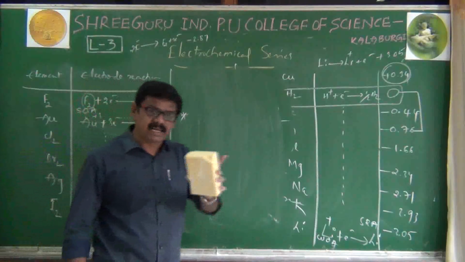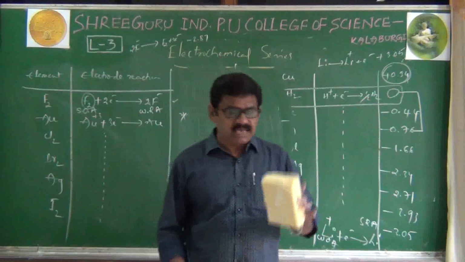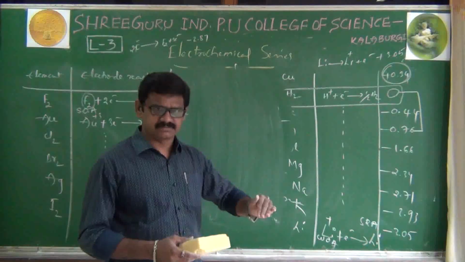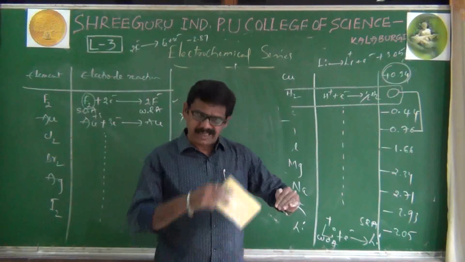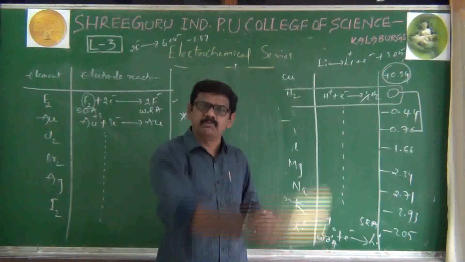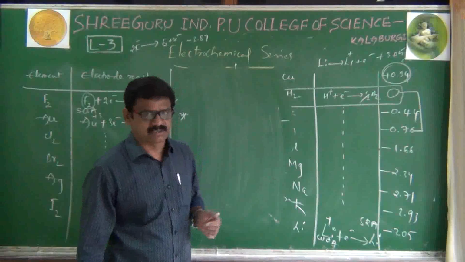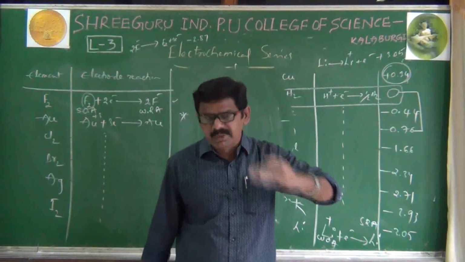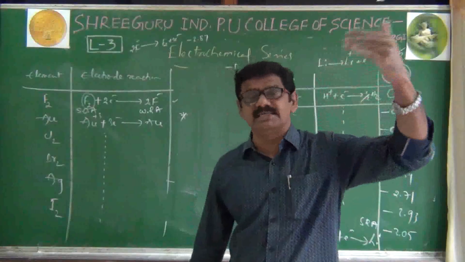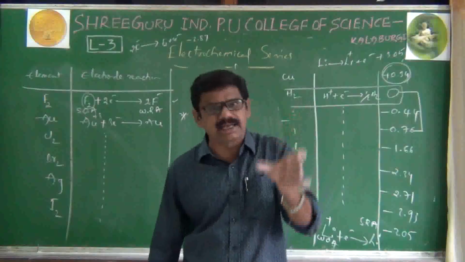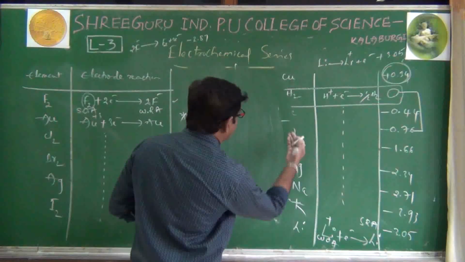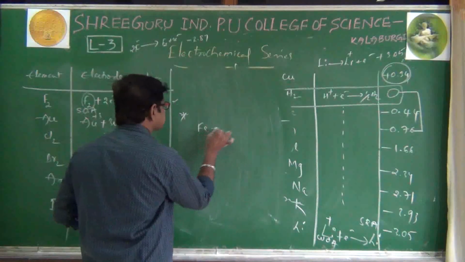As far as metals are concerned, particularly remember, any below metal can displace any above metal from its salt solution. I'll repeat once again. As far as metals are concerned, any below metal can displace any above metal in the electrochemical series. Say for example, iron, Fe.